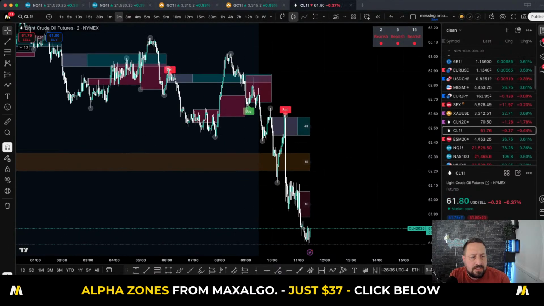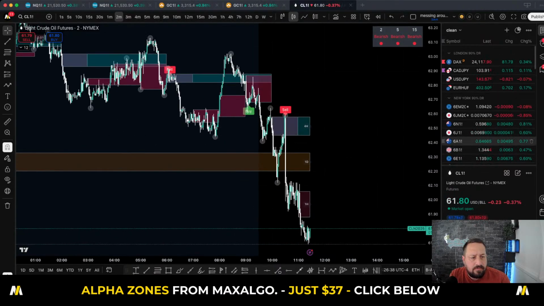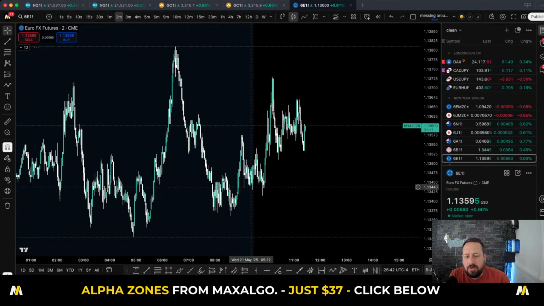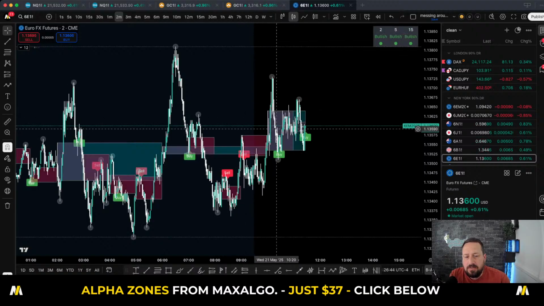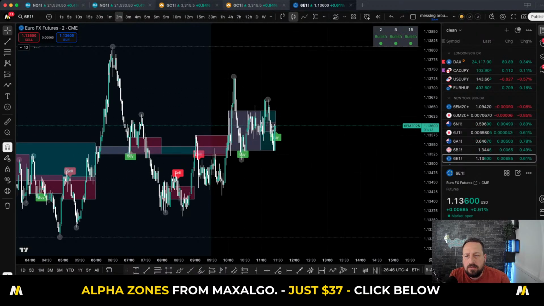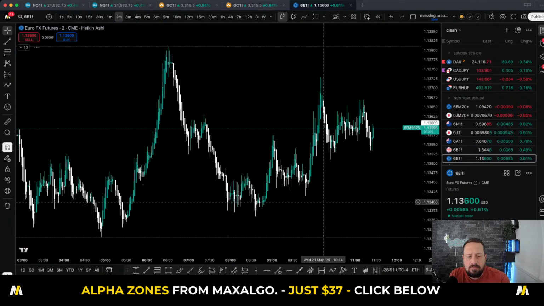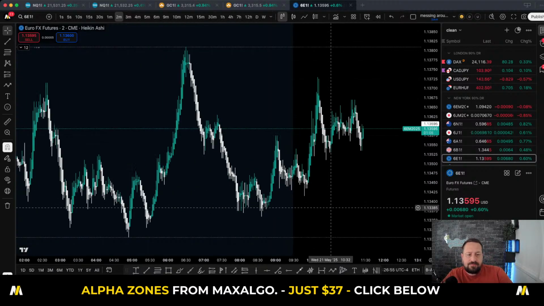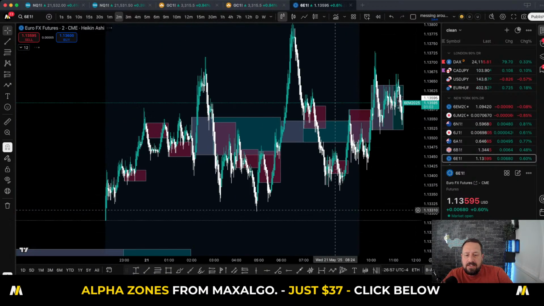Let's have a look at 6E. A little bit more messy, right? But still a bit of structure here. See if it neatens it up. There's our daily.